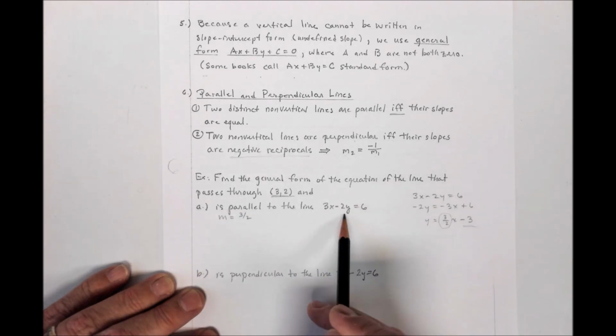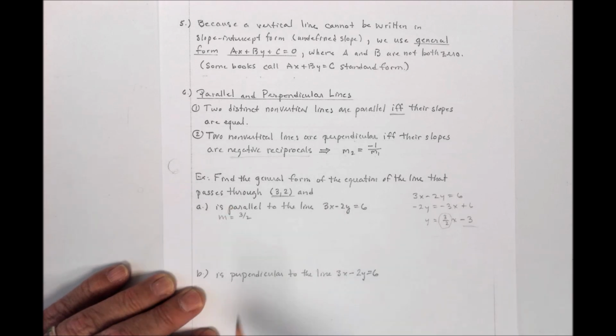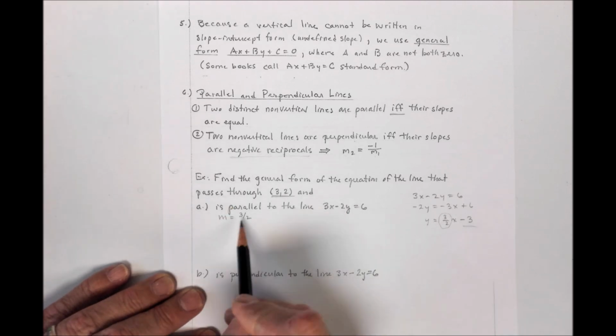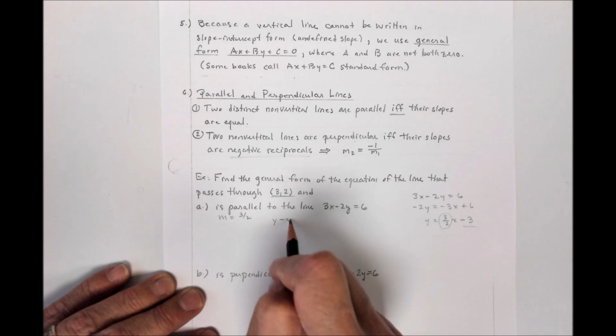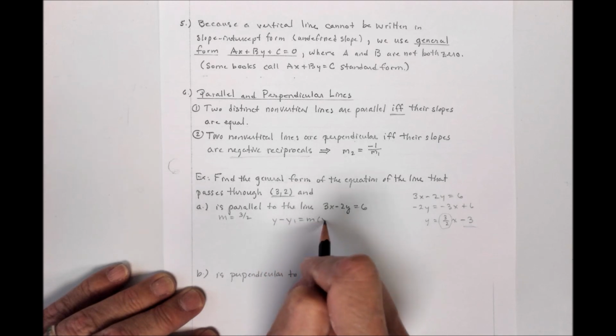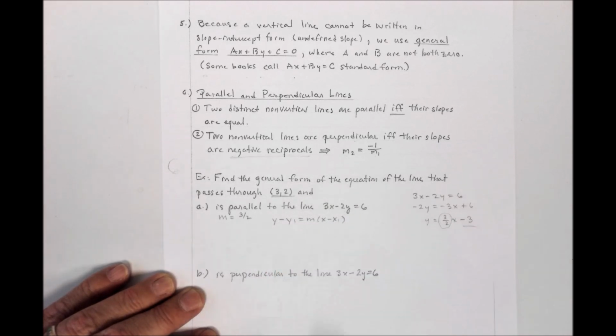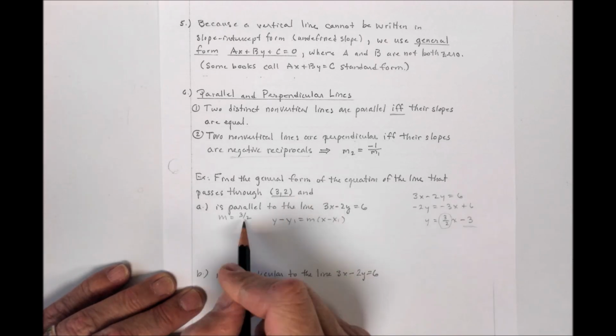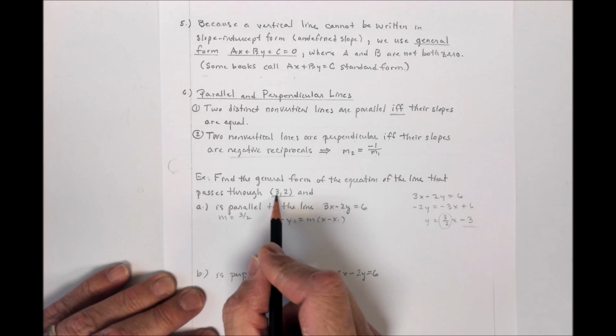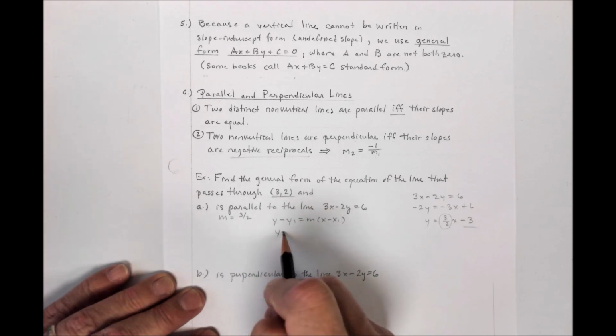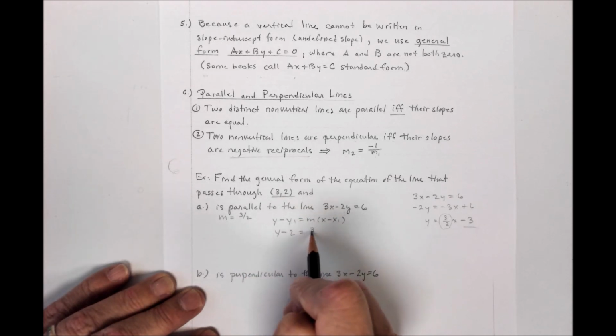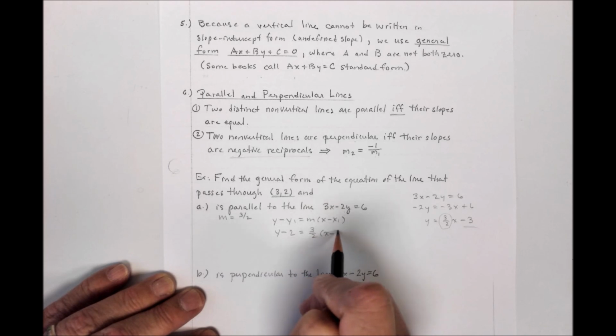Not only is the slope of this line 3/2, but so is the slope of the one that we're trying to find. I have a point, I have the slope, I go right back to this guy. If you write it down every time that you go to use it, after a while you have it memorized. And so I'm going to plug this 3/2 in for m, and plug this in for x sub 1 and y sub 1, and I get y minus 2 equals 3/2 times x minus 3.